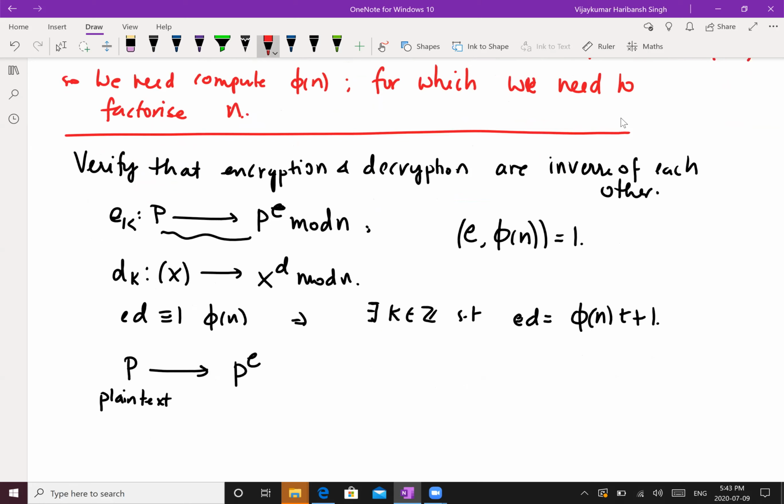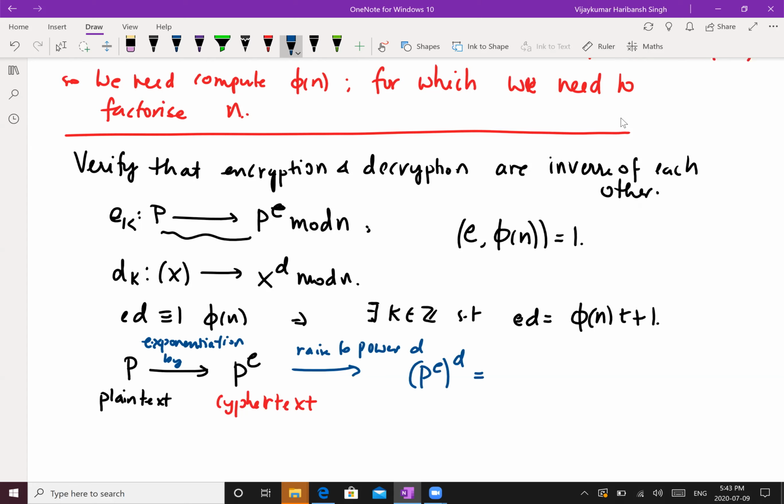This becomes the ciphertext. Then you apply exponentiation by d, and you get p to the power e, to the power d, which is equal to p to the power phi of n times t, times p, mod n.